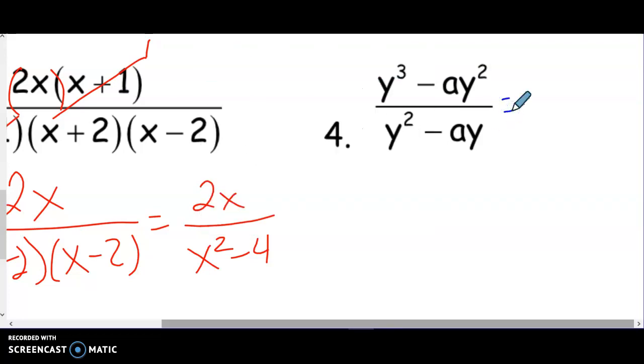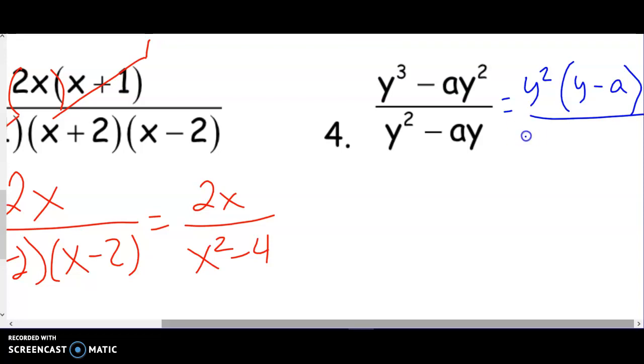First step is always your greatest common factor of each term. So for our numerator, I'm going to pull out y squared. Factoring that out leaves y minus a. Y squared times y is y cubed. Y squared times a is ay squared.